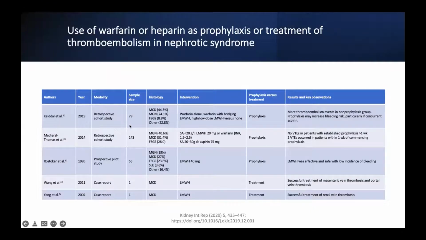Most of these studies are either retrospective cohort studies, prospective pilot studies, or case reports. Based on these studies, warfarin and low molecular weight heparin were effective in treating thromboembolism, and the second study showed it was even effective in prophylaxis against thromboembolic events.